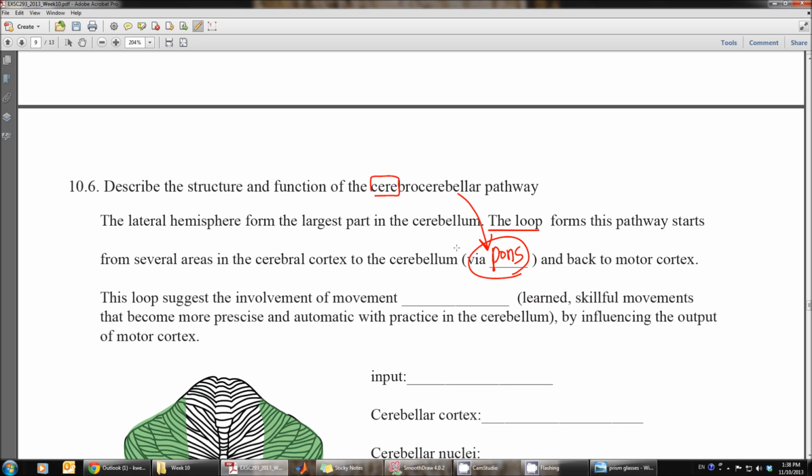The function is thought to be related to motor planning. So it's different from controlling the ongoing movement. It's planning ahead of, let's say, skilled movement or well-learned movement. When you're about to perform those movements, this pathway is activated and getting ready for the upper motor neuron to dispatch the planned commands for the movement.